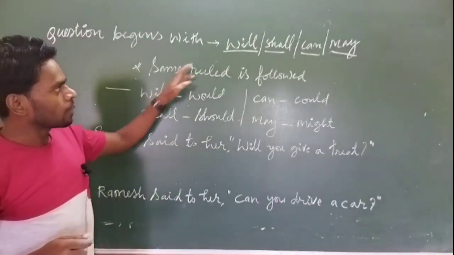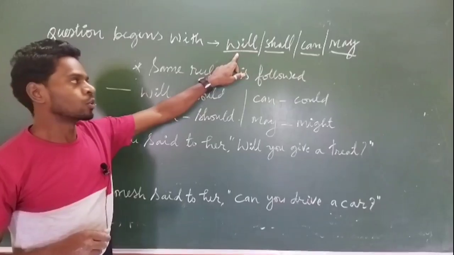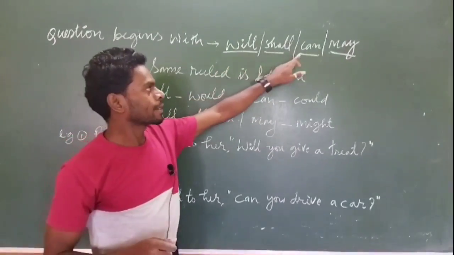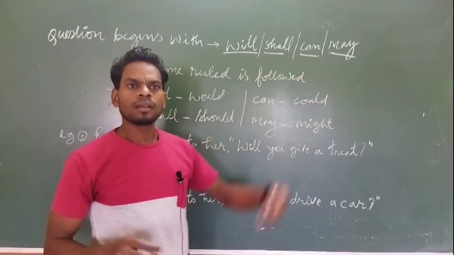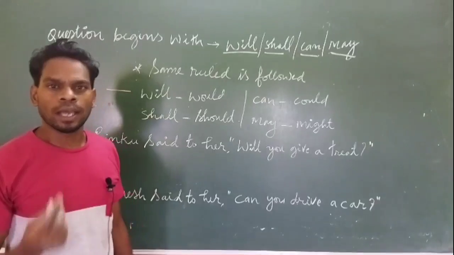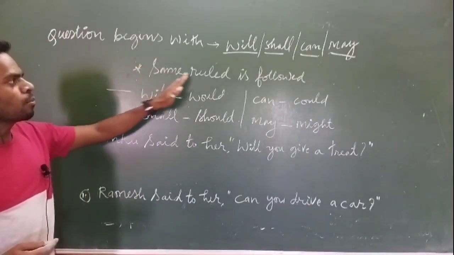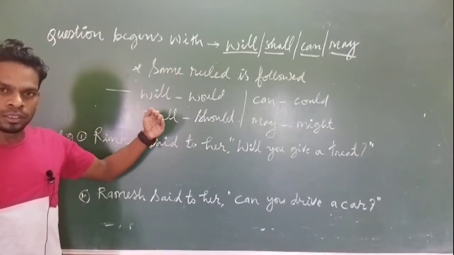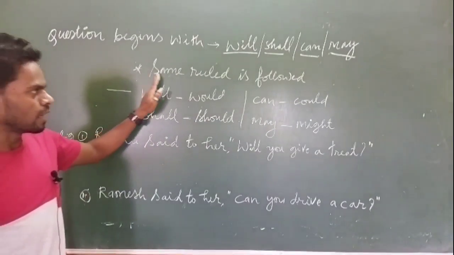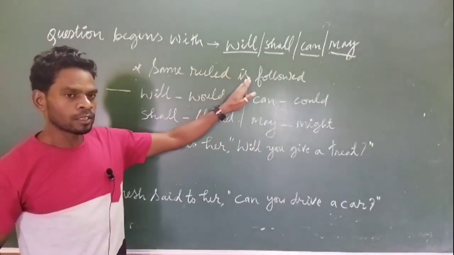If any question begins with the word will, shall, can, may, then how can we change it into indirect speech? For that, the same rule is applied. Whatever we have learned at the beginning, the same rule is applied.